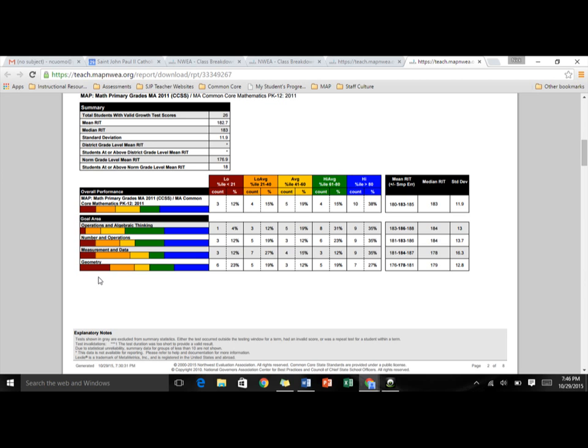Just from a visual point of view, I could see that a good chunk of the students in second grade have a strong understanding of operations and algebraic thinking based on the high and high average bands. However, we do want to focus on measurement and data, judging by these dark red, orange areas that are higher than the rest of the sub-goal areas.